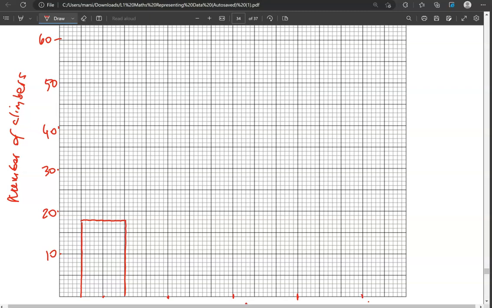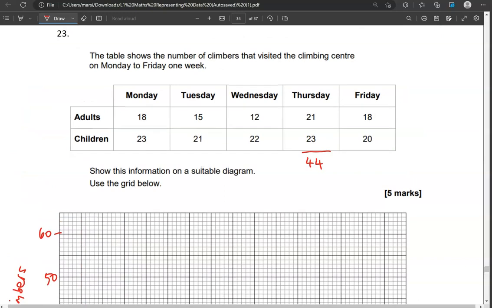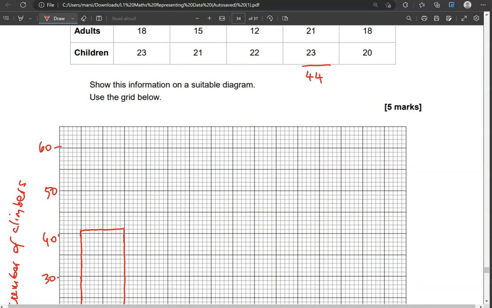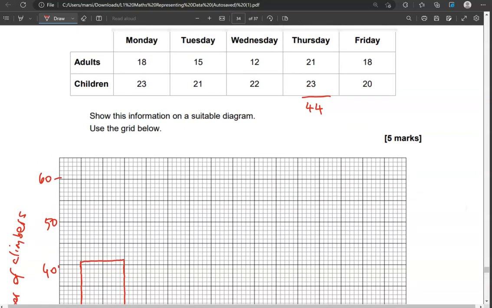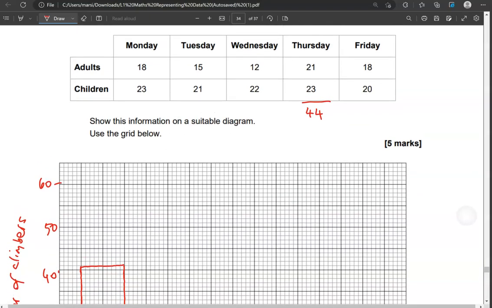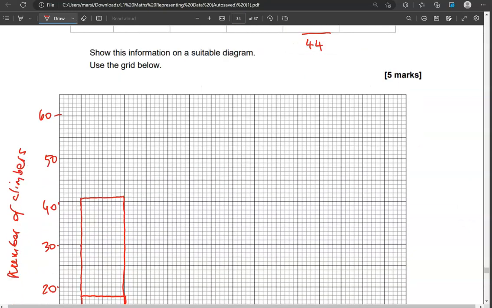I've got 12 already, 12, 22, another one, that is 23. Also, to double check this, 18 and the 23 gives us 41, and that's what we have. Now for Tuesday we've got 15 adults and 21 children.